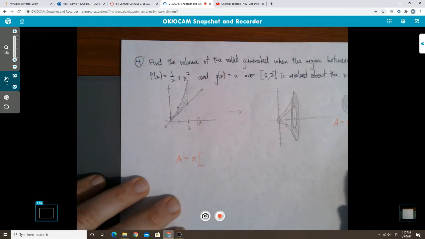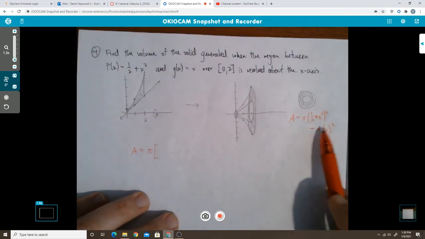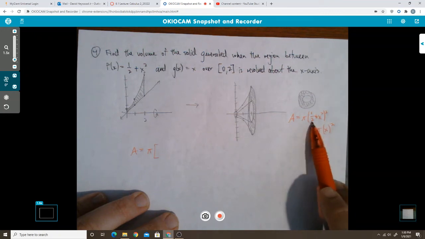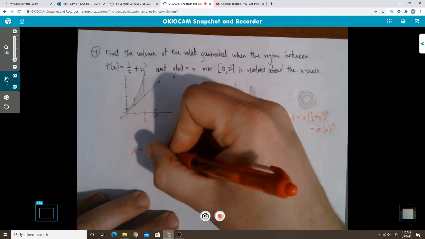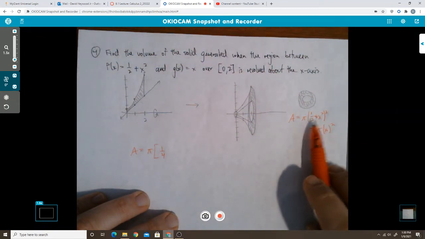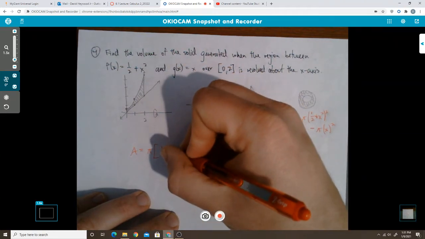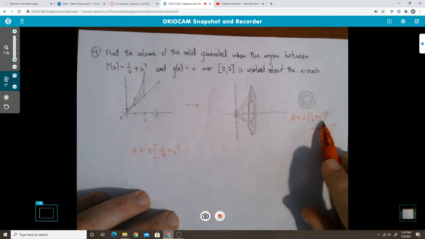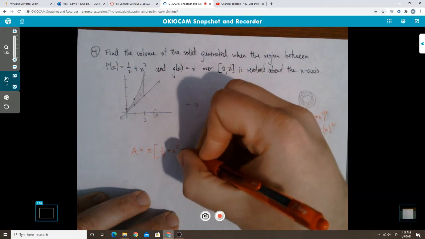If you square this binomial, you're going to get 1/4, and then 1/2 x squared twice. So you're just going to get 1/2 x squared plus 1/2 x squared. That's just going to be x squared. And then x squared squared is x to the 4th.